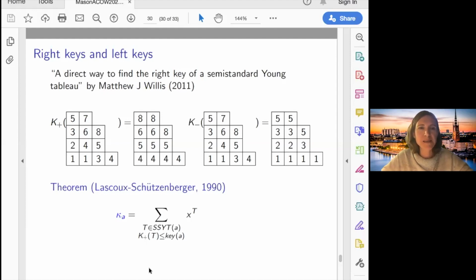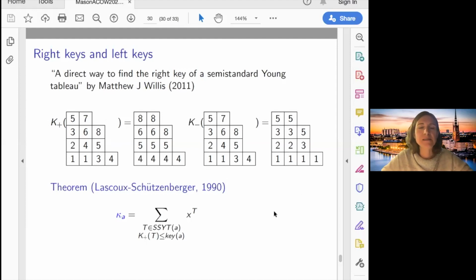The basic idea is that you start with a semi-standard Young tableau and, for the right key, you start on the right-hand side and create a key moving from the right. For the left key, in some sense, you start on the left-hand side. So in this case, we have 1, 2, 3, 5. We know that's the first column, and then the remaining columns are subsets of that.